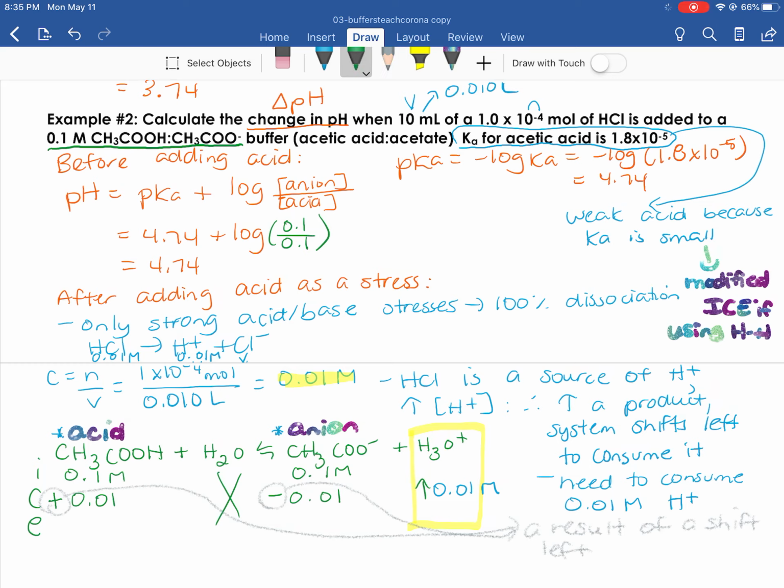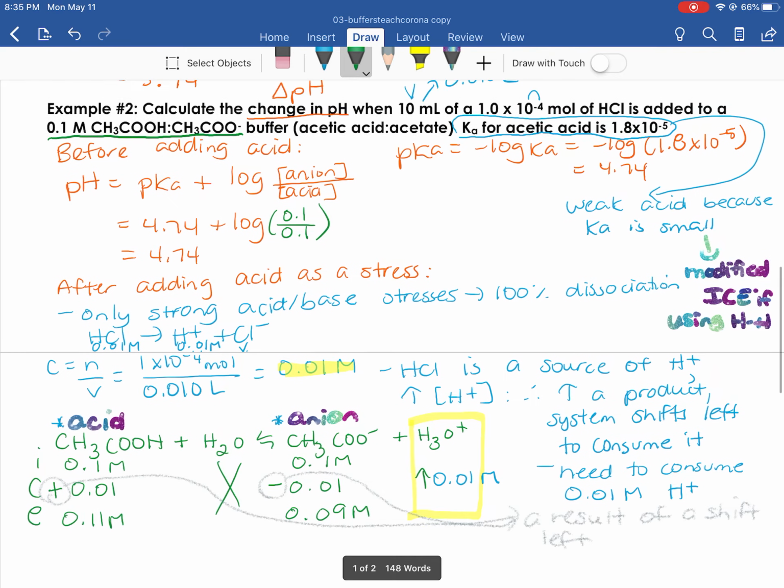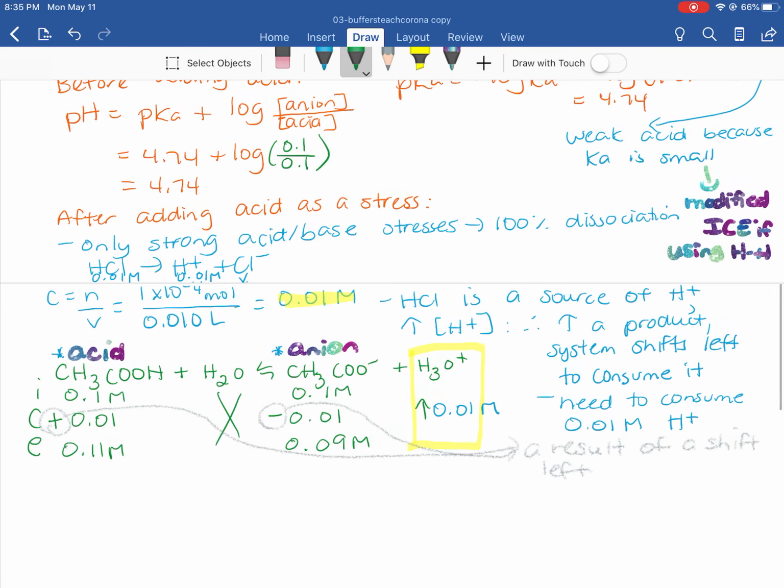Okay, so as a result of the shift left, the reactant is going to increase and the product is going to decrease. So 0.1 plus 0.01 is 0.11. 0.1 minus 0.01 is 0.09.